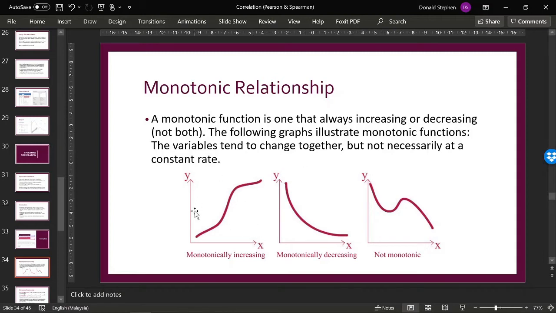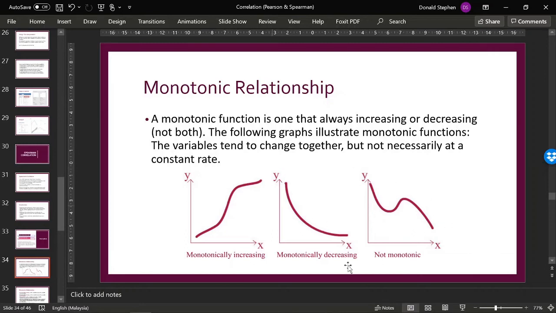When x increases, y increases. It doesn't matter what the rate of increase is. Here it's quite slow, here it's quite fast, and then very slow again. But as long as it keeps on increasing or keeps on decreasing. It cannot be, for example, that here it decreases and then increases and decreases. That is not monotonic.